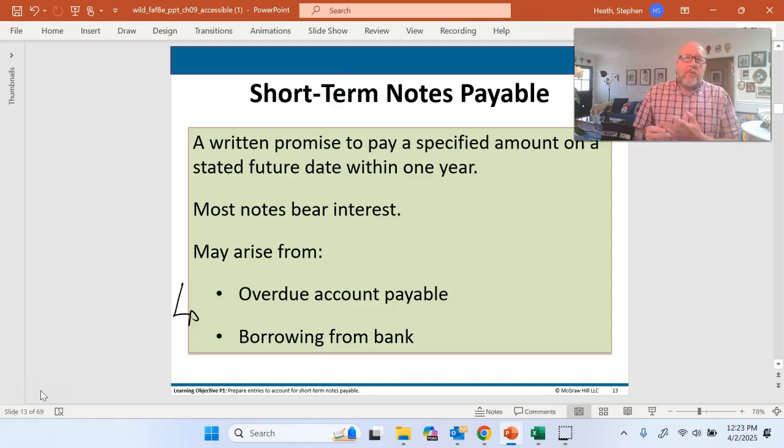It could be the case that we say, hey, listen, let's convert the obligation to a note payable, and we could start paying interest. That way, the vendor is happy with the arrangement. They're not happy with it, but they're at least being compensated for the fact that we haven't paid yet.